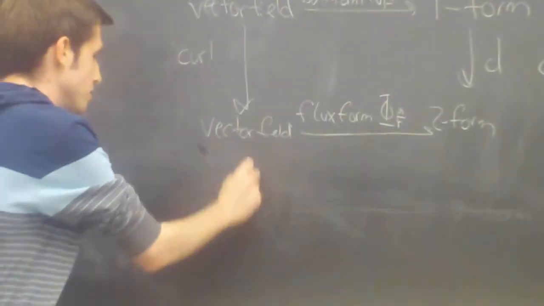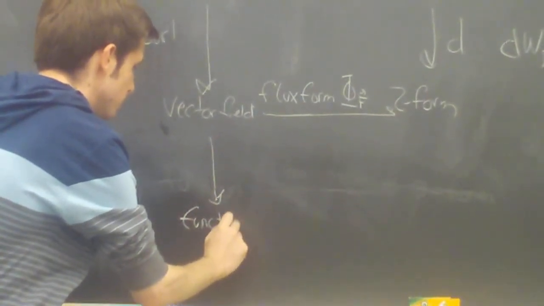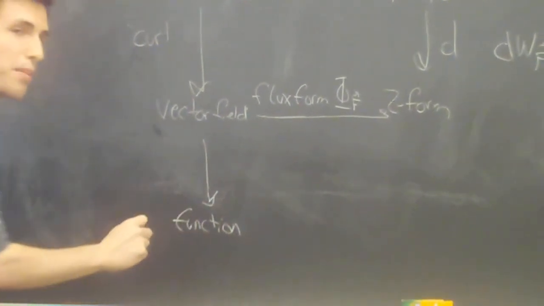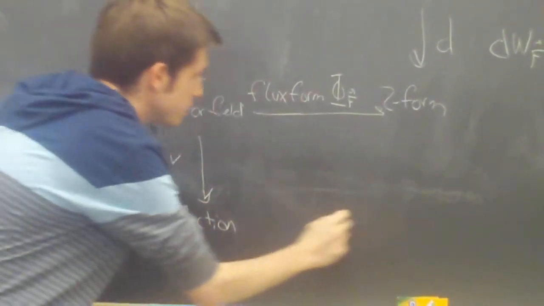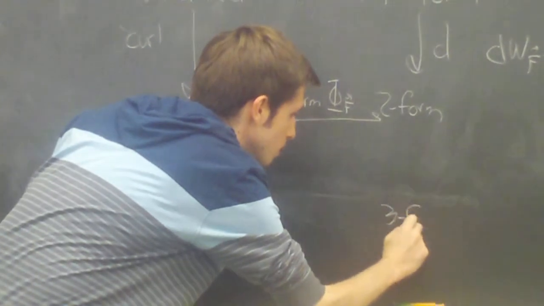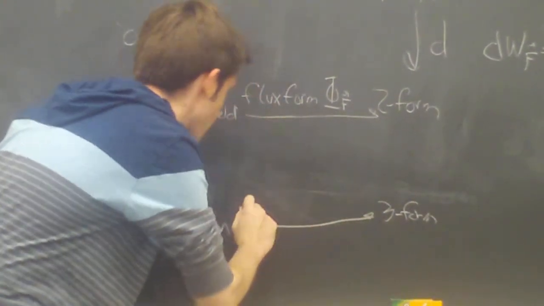And then to go from a vector field back to a function, you do that by taking the divergence. To go from a function to a three form, you do that by taking the mass form.